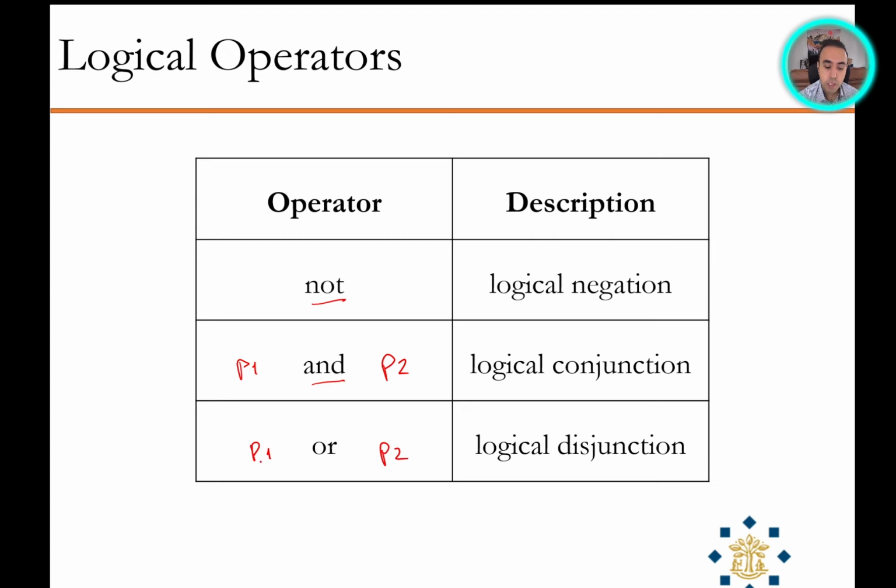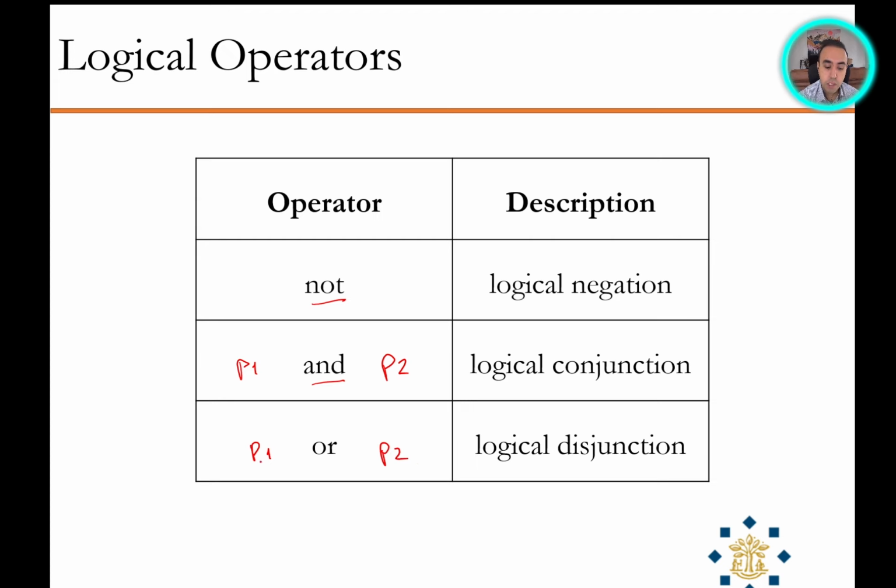And this is the truth table for the operator and. Let's assume that you have proposition 1 and proposition 2. This is one proposition, this is P1, and this is the second proposition. Here we have false and false, because we assume age 24 and weight 140.